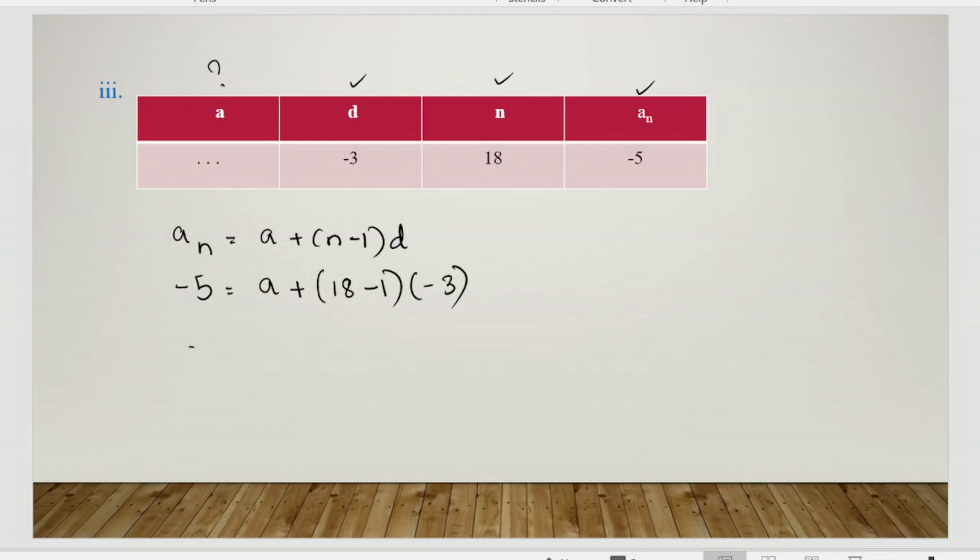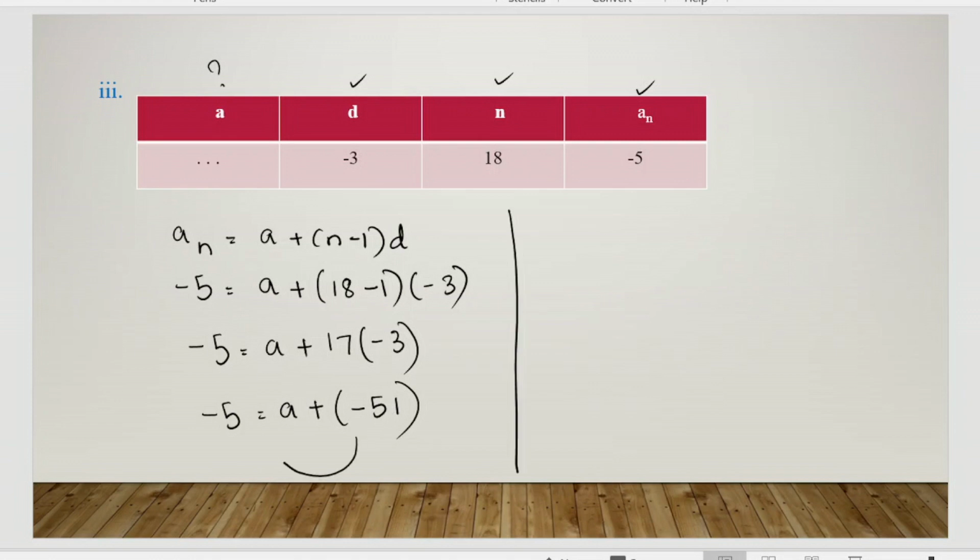So this is minus 5 is equal to A plus 17 into minus 3, which is minus 5 is equal to A plus minus 51.